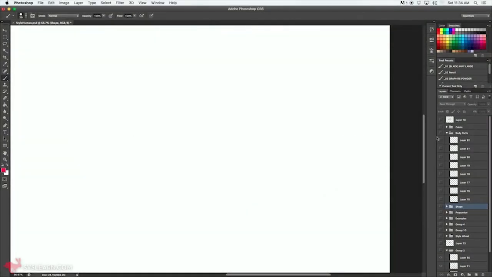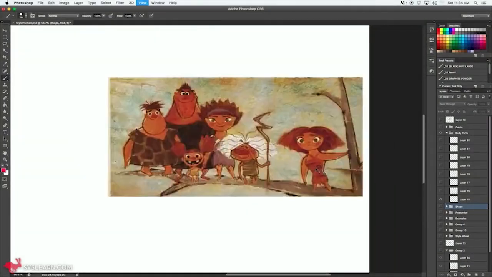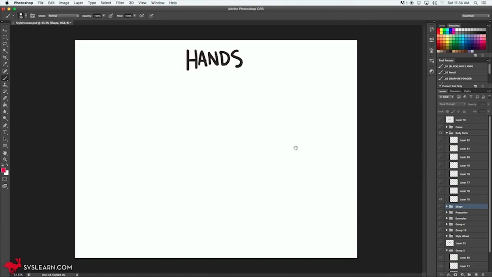Now I want to get into specific body parts, okay? The first one I'll talk about is hands, the basic shapes of hands and how you simplify hands. What I'm going to do with each of these specific body parts is show how I go from what we understand is a complex shape to a simple shape. So this is really quick. We'll go through these. I'll make my brush a little bit bigger.